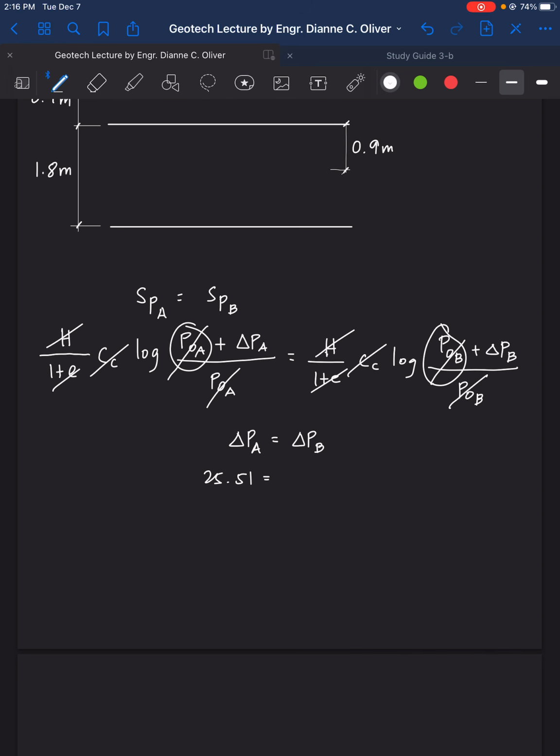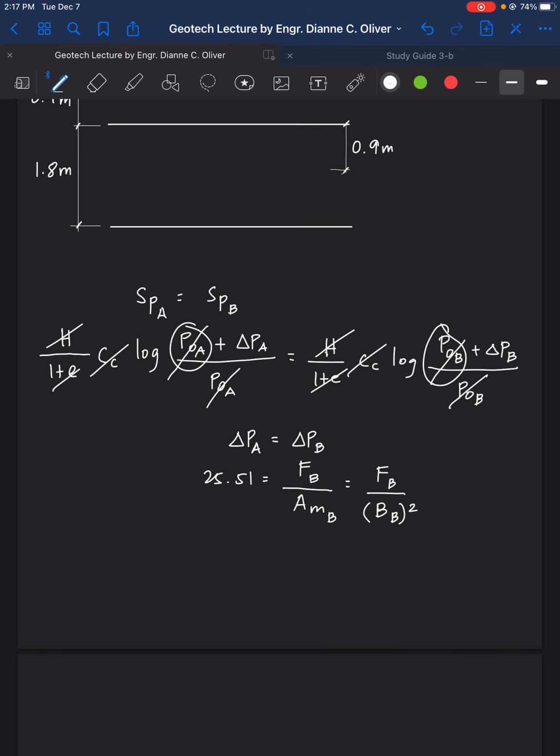Well, again, as mentioned earlier, they must have the same settlement. Now, what's the formula again for delta P? That is the force B over the area at the middle, B. Or that is the force at footing B, and then the measurement of base at footing B, and that is squared.